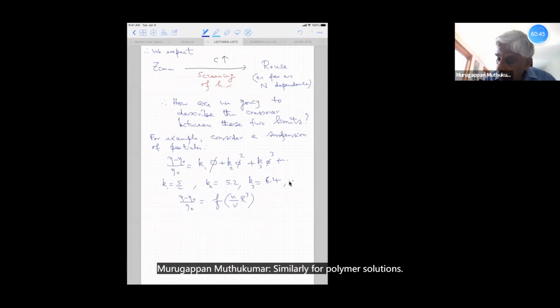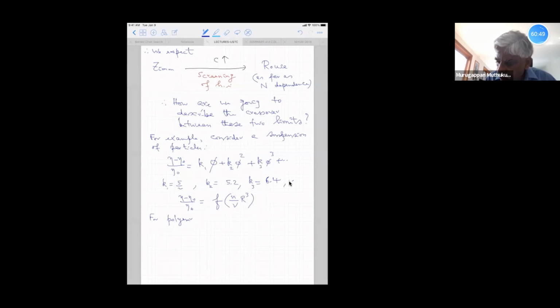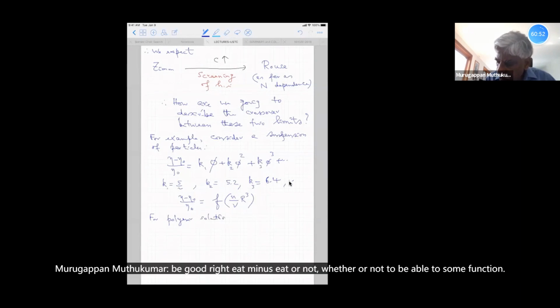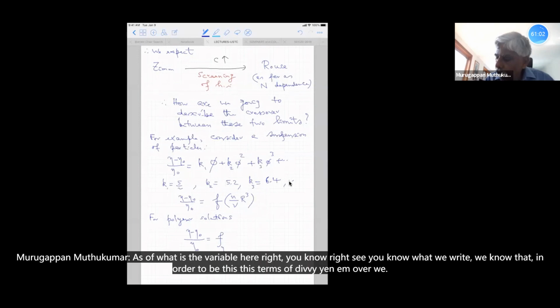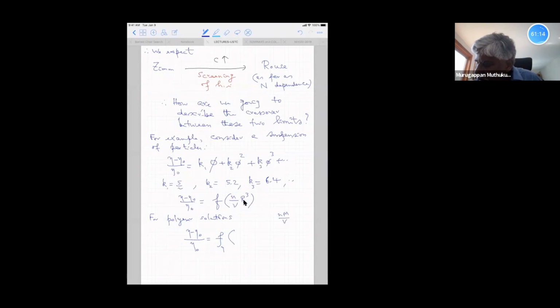Similarly, for polymer solutions, we could write eta minus eta naught divided by eta naught to be equal to some function for the viscosity. What is the variable here? We know that n over v turns out to be n m over v, r cubed by m, rg cubed by m.